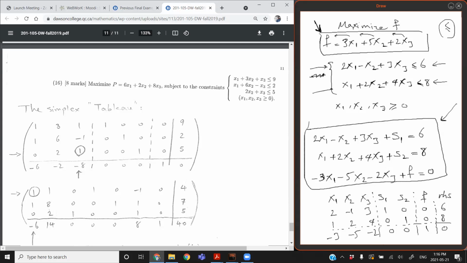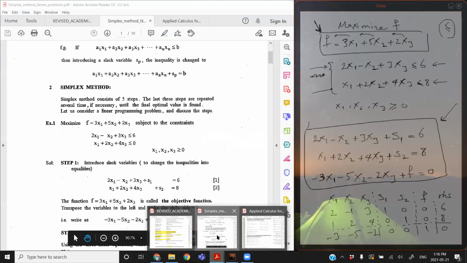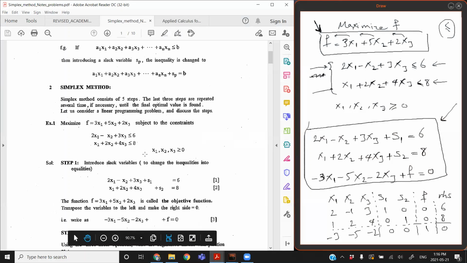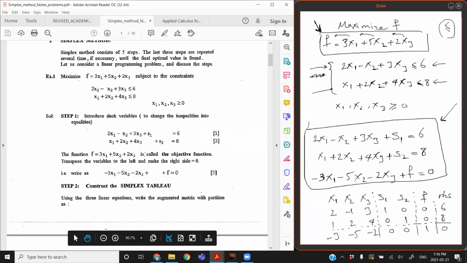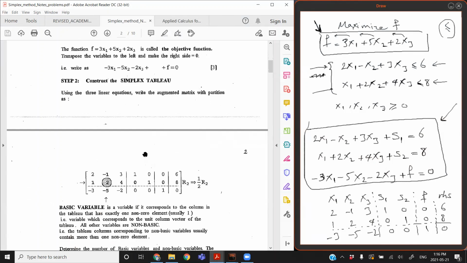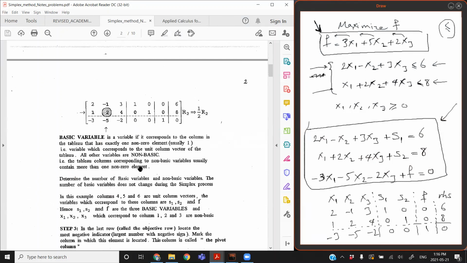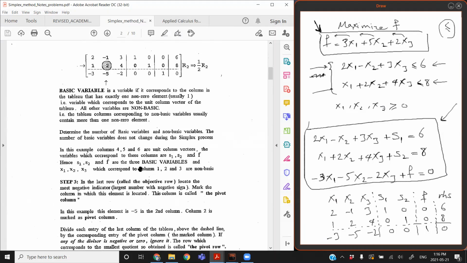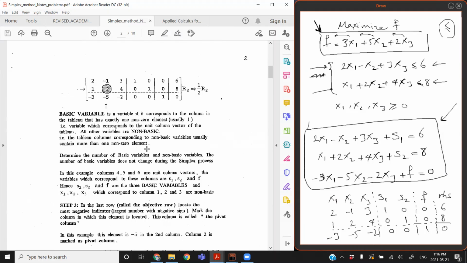Some terminology that you need to use. We have something called the basic variables and the non-basic variables. So here I explained how to construct the tableau, and then what is a basic variable and what is not. When you look at this tableau, there are some columns that are unit columns. Like S1, you have 1, 0, 0. There is only 1, and the rest of the elements in that column are zeros.